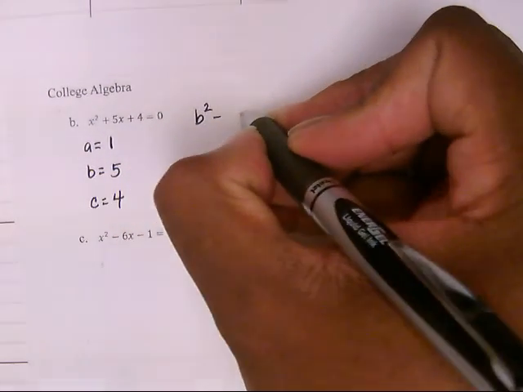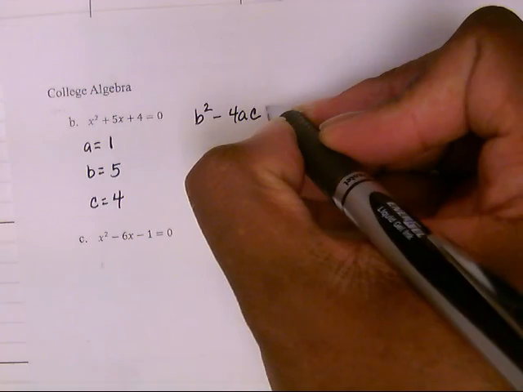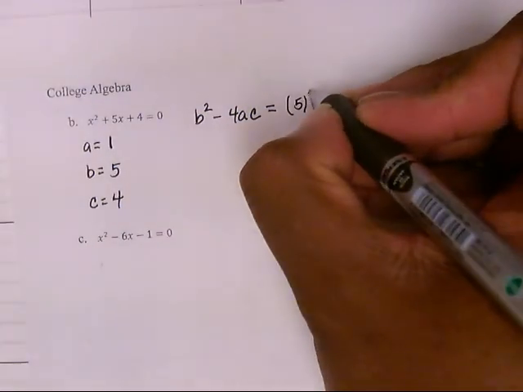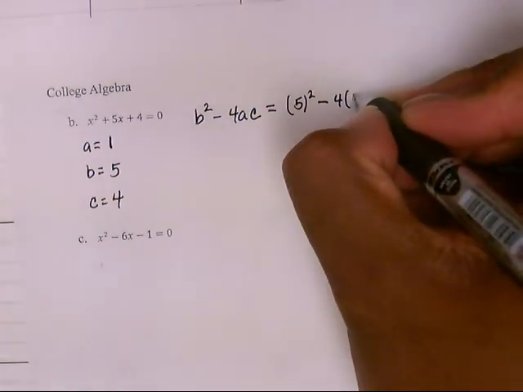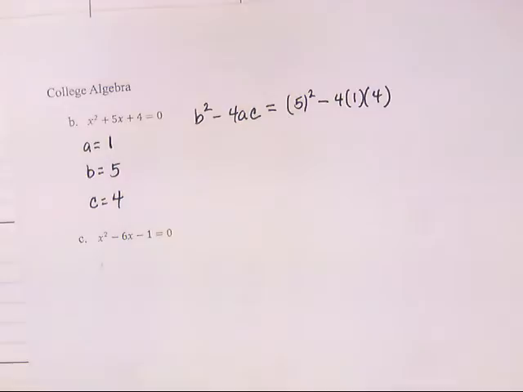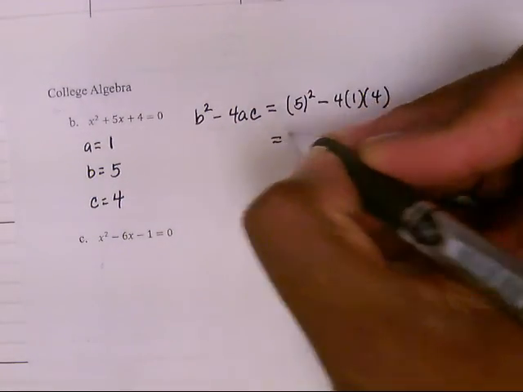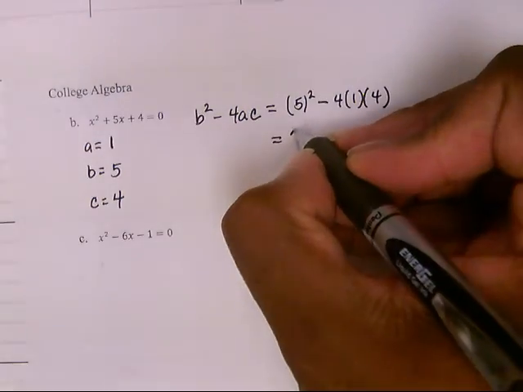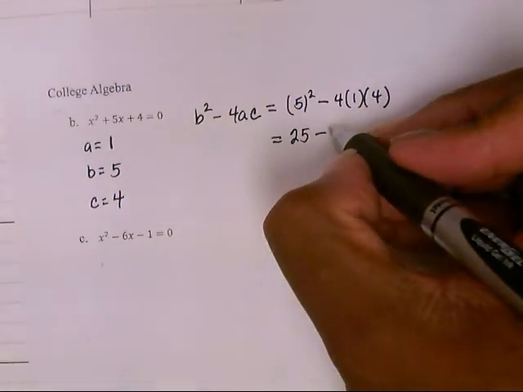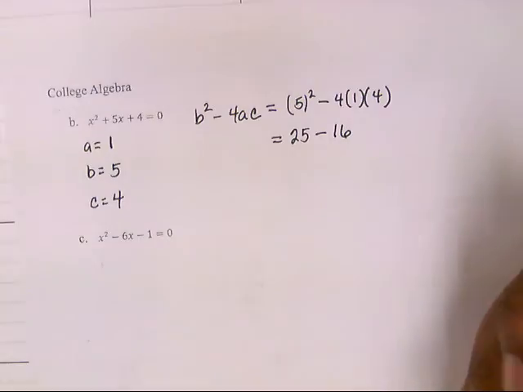So now we use that b squared minus 4ac. Your b is going to be 5, so that'll be 5 squared minus 4 times a, which is 1, times c, which is 4. Simplify that. 5 squared will be 25, minus 4 times 1 will be 4, times this 4 would be 16.